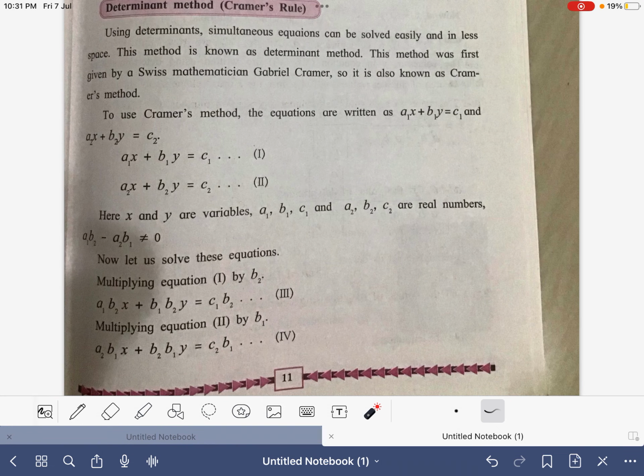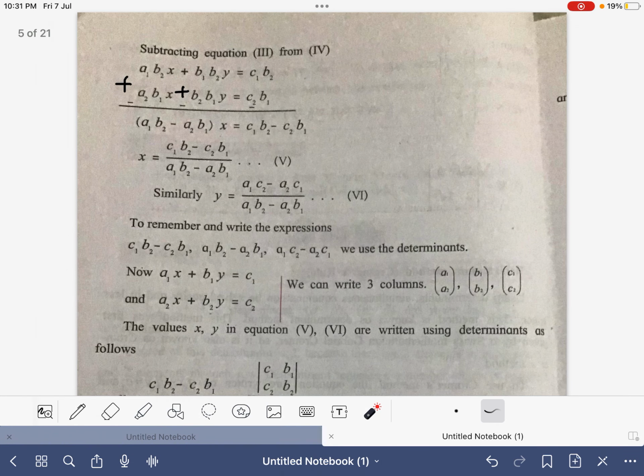After the simplification, you will get the value of y. Whatever method I told you right now, we have to go through this method, and by solving all this you will get an answer. Y is equal to a1 c2 minus a2 c1 divided by a1 b2 minus a2 b1.